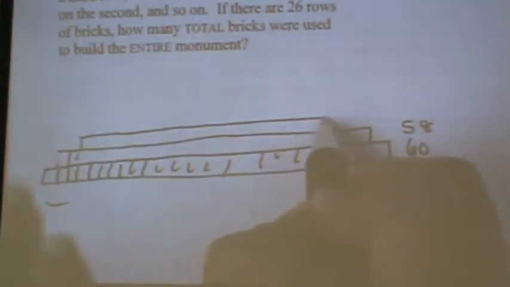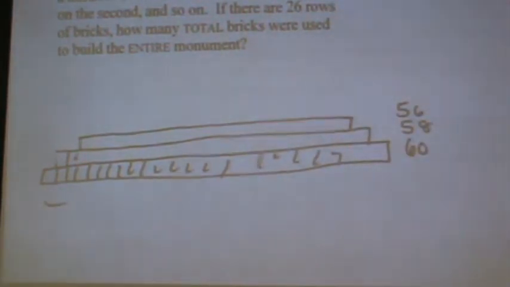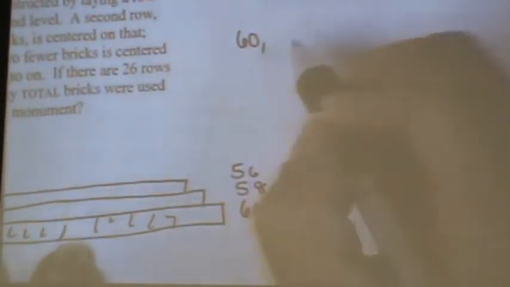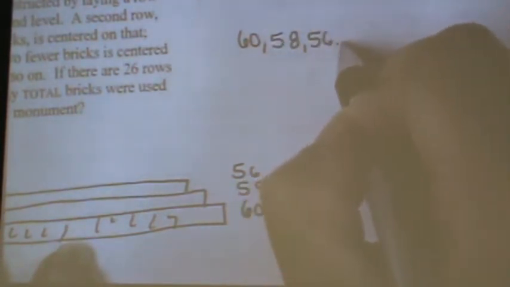And then in the next row, there's 56. My picture's not very good, but you've got a sequence going on. What you have is 60, 58, 56, and so forth.